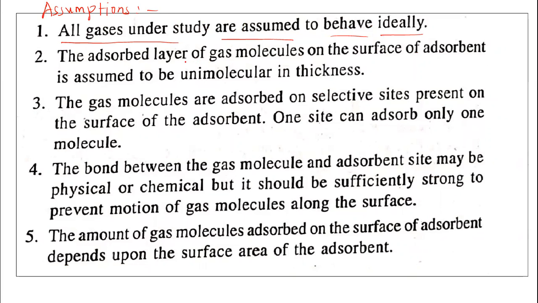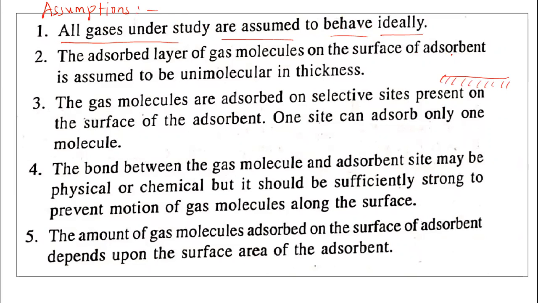All the gases show ideal behavior. The adsorbed layer of gas molecules on the surface of the adsorbent is assumed to be unimolecular in thickness. According to Langmuir's theory, only one layer is formed on the surface of the adsorbent.